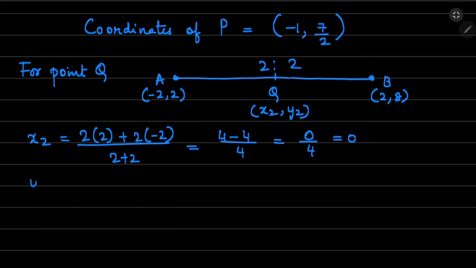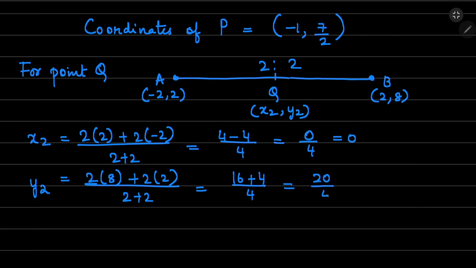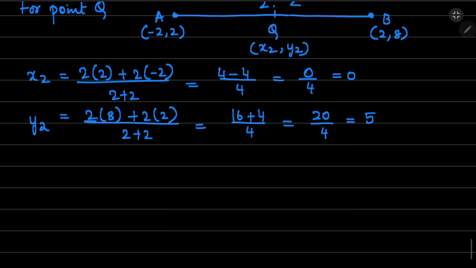Okay, and your y2 will be 2 into 8 plus 2 into 2 divided by 2 plus 2. So this is equal to (16 plus 4) by 4, that is 20 by 4, which is equal to 5. Okay, so therefore the coordinates of the point Q will be equal to (0, 5).